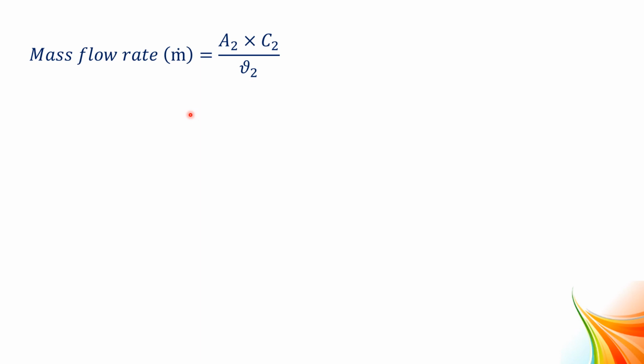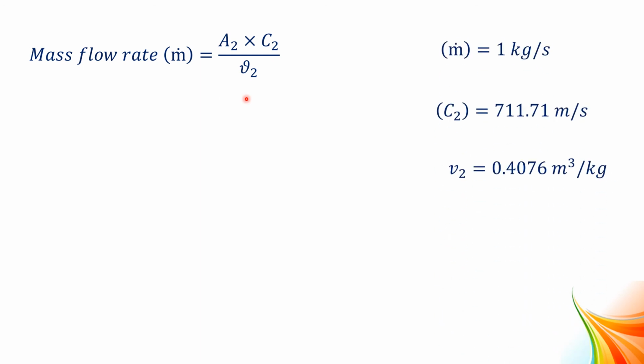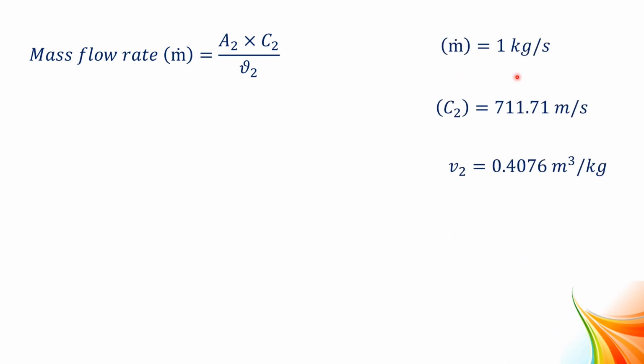Now the mass flow rate m dot equals A2 into C2 divided by V2. So mass flow rate is 1 kg per second, which is given in the problem. C2 equals 711.71 meters per second. Specific volume V2 equals 0.4076 meter cube per kilogram.